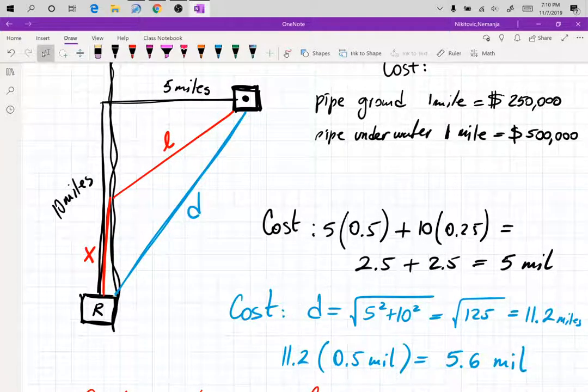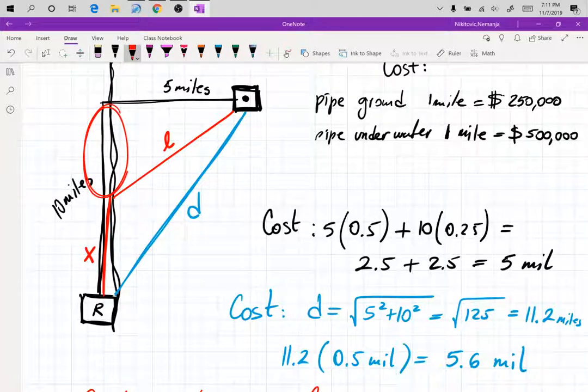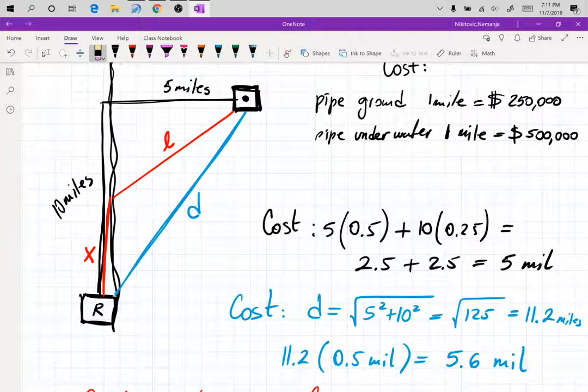Which triangle? x, L, and D. We can't use that triangle. The top one, exactly. This side over here. What's the length of this side? 10 minus x.